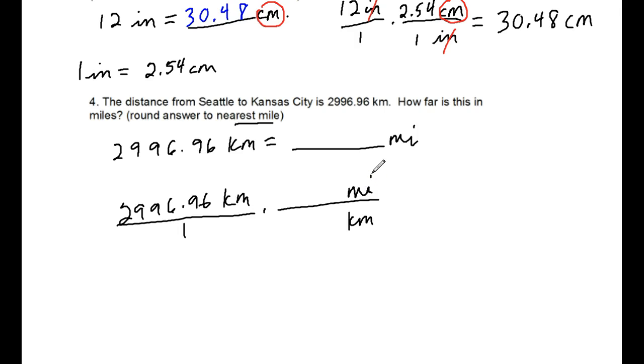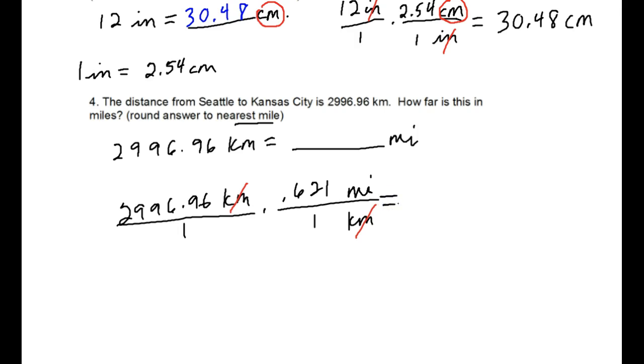And I'm going to use the 1 kilometer equals 0.621 miles. Why do you suppose I chose that one? Well, notice that when I choose that one, I have ones down here in my denominator, and so I don't have to do any dividing. All I have to do is multiply my two numerators. Cross cancel, make sure I've got the right numbers in the right place.